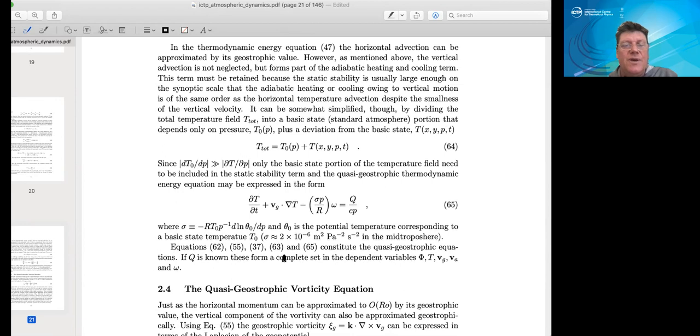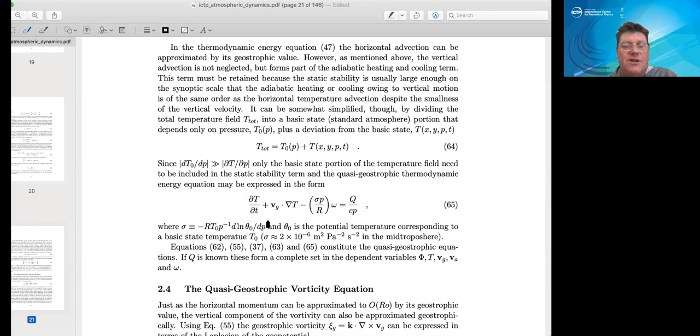And then we assume that most of the variations in the vertical direction are actually contained in this reference temperature part, which is indicated in this equation here. Then we can express our temperature equation in this way.